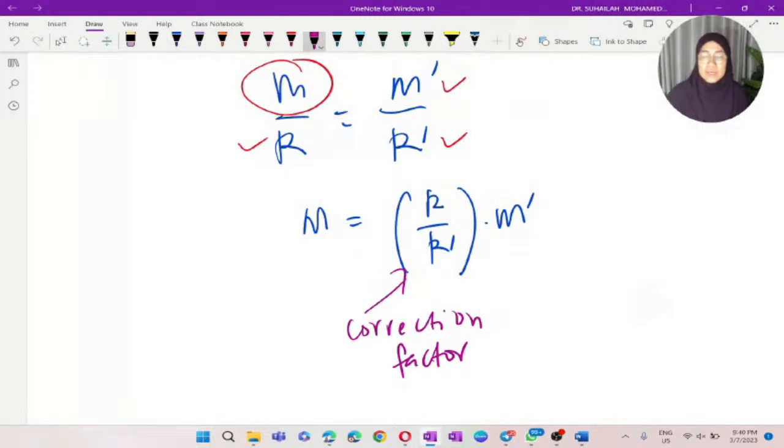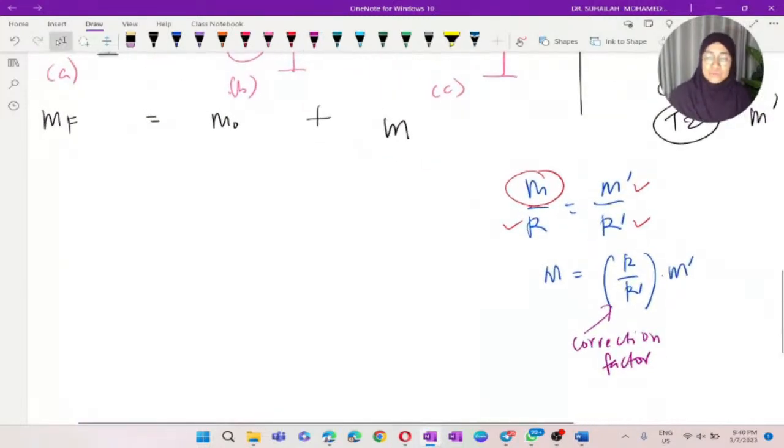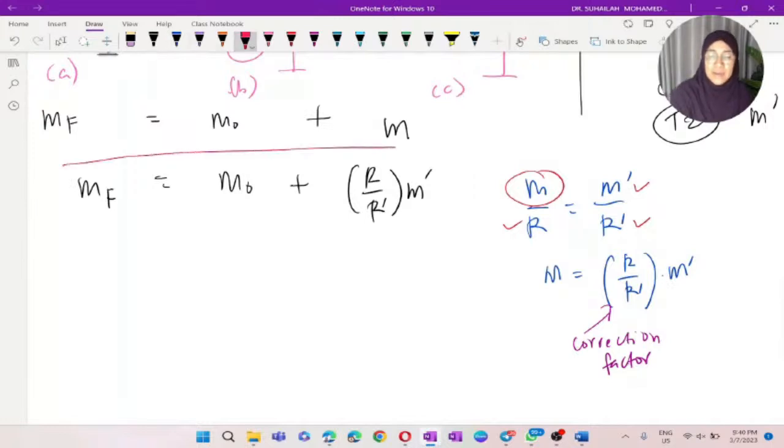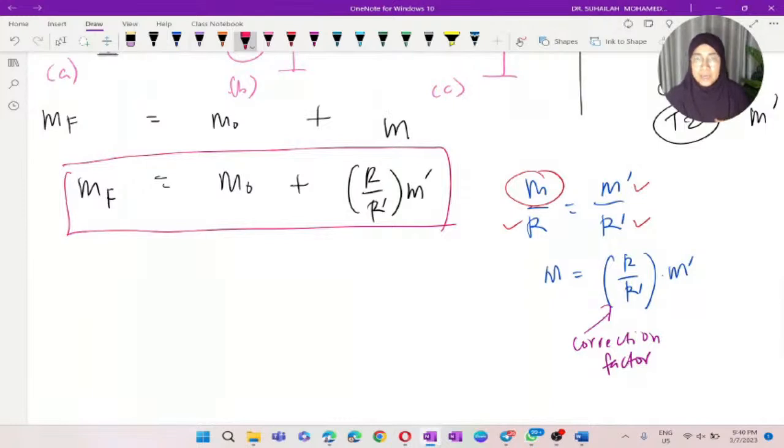Correction factor. So what we should do now is substitute. So this is equal to M naught plus R divided by R prime times M prime. So this is the equation to calculate the final end moment. We derive it from the principle of superposition.